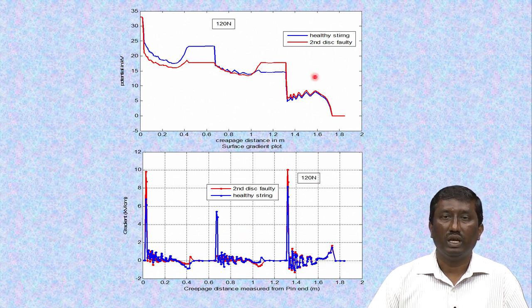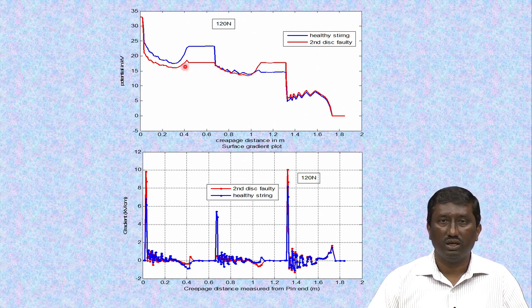Now, in case the second disc is faulty, suddenly the voltage gets modified. You can see the red line shows very clearly there is a drastic fall in the voltage here, because this and the third one are at a similar potential.